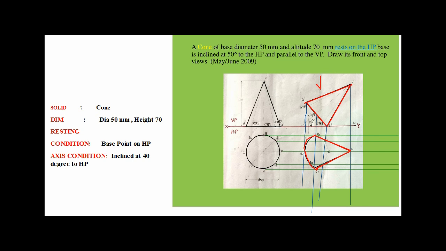If you see from the top, the point E is not visible when you look from the top. Therefore, you have to draw that part of the circle with the help of an invisible line. So this is the solution for the given problem.